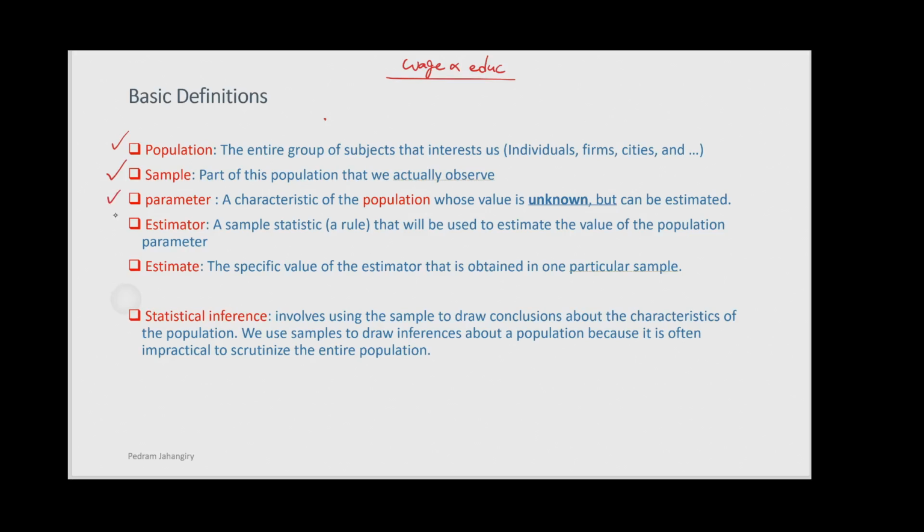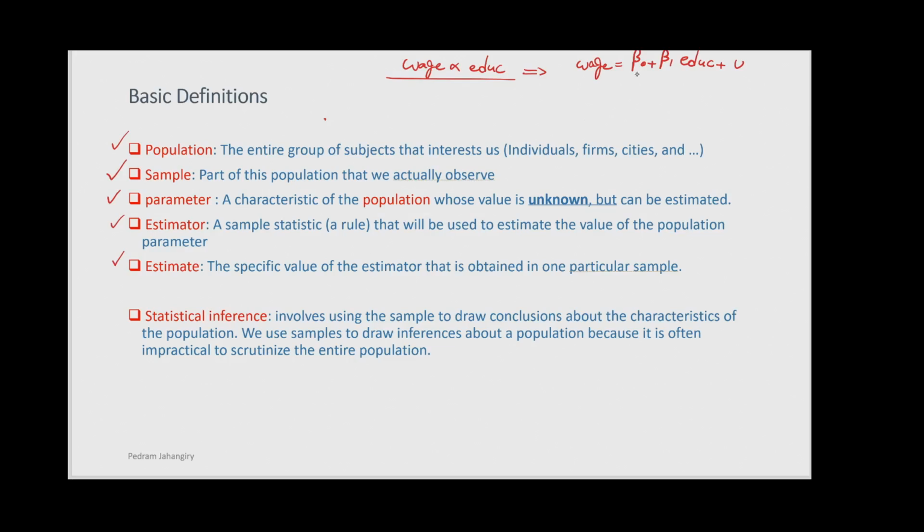Then what is a parameter, what is an estimator, and what is an estimate? A parameter is a characteristic of the population whose value is unknown but can be estimated. Let me write down our regression model: wage equals beta 0 plus beta 1 education plus some unobserved factors. This is the model that we're interested to explore for the entire population.